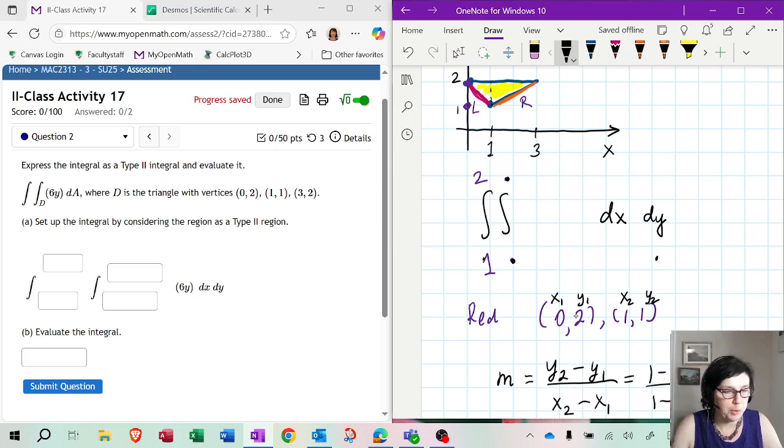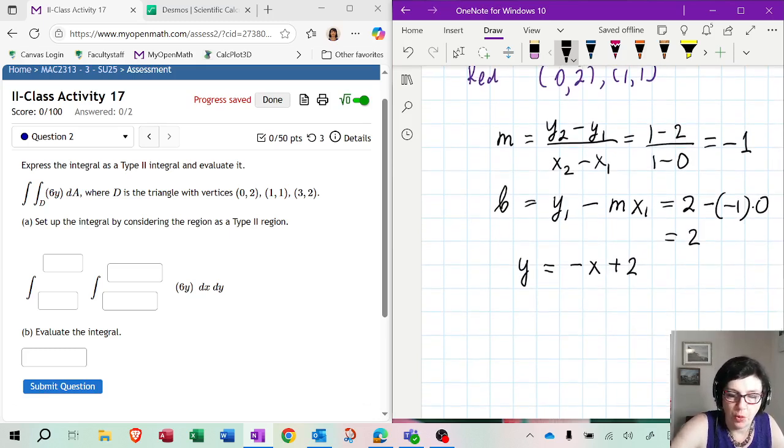Maybe one of them can, but both of them cannot, because then it would be a rectangle. So one of these limits, or possibly both, has to have a variable in it, always the outside variable. So if the outside variable is y, these limits should have y in them.